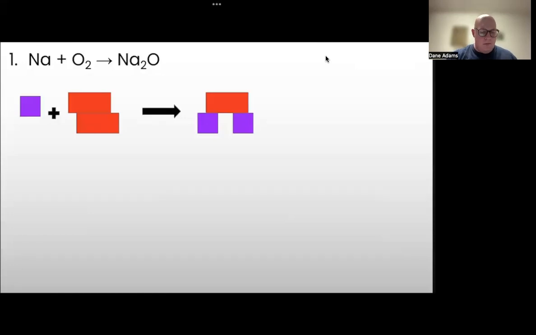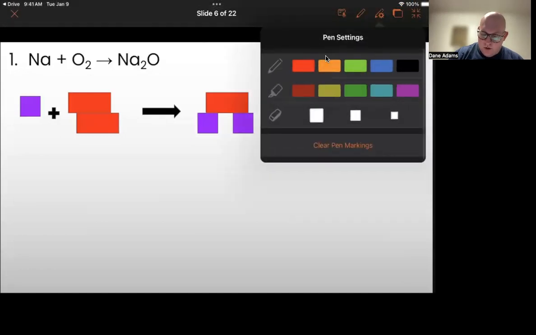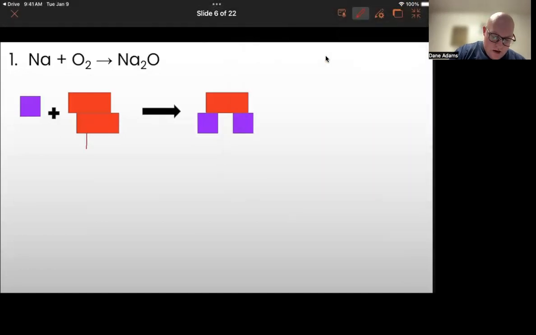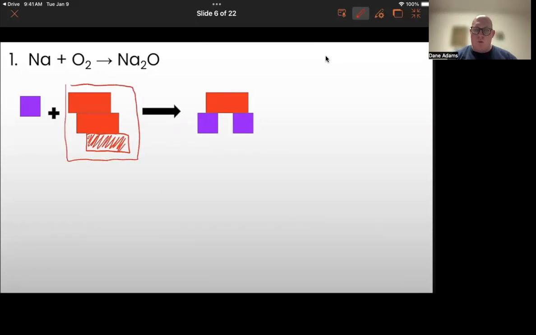But think of it this way. If I were to add another oxygen atom and connect it to the other two, what would that make this? Ask yourself that. What would that make that molecule right there? It would make it O3.